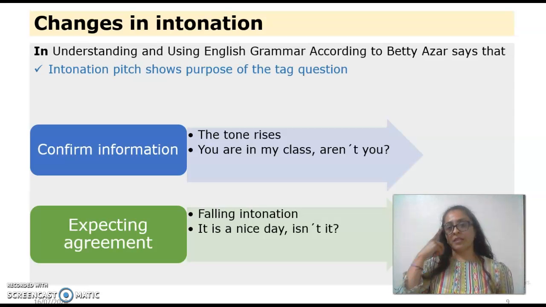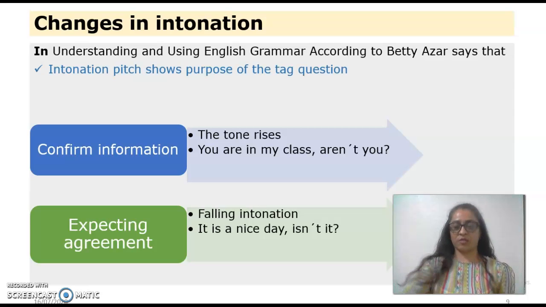So you say, you are in my class, aren't you? It goes up. The following intonation: it is a nice day, isn't it? You expect the other person to agree. These are the pragmatic uses of tag questions.